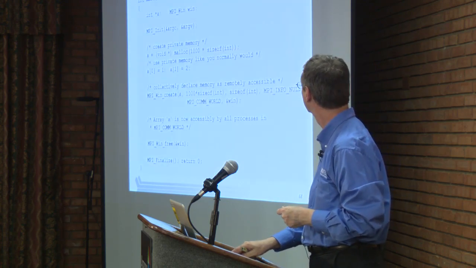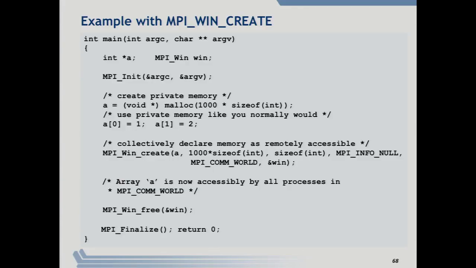Okay. And so here is how you might create it. This is going to set up, each process is going to have an array of 1,000 ints. So we allocate this array. It's regular memory, so use it the way you use normal regular memory. We do MPI win create, so we pass it the memory location, the size in bytes, which is 1,000 times size of int here. The displacement unit, size of int, so that means that my offsets will all be in units of ints.